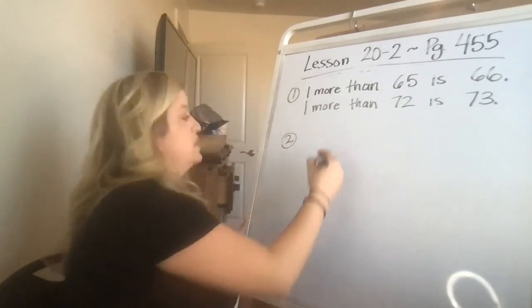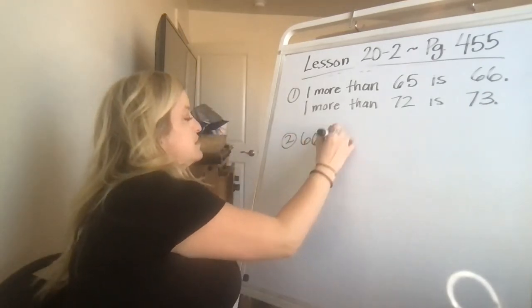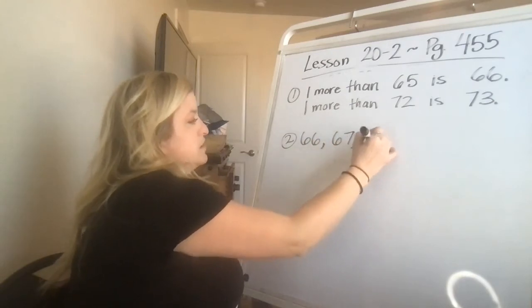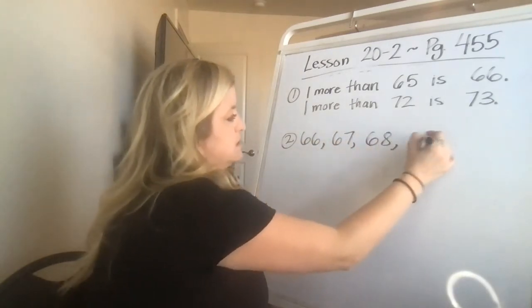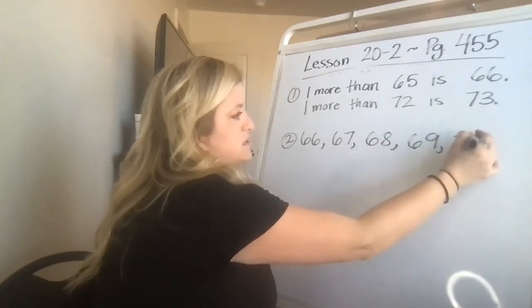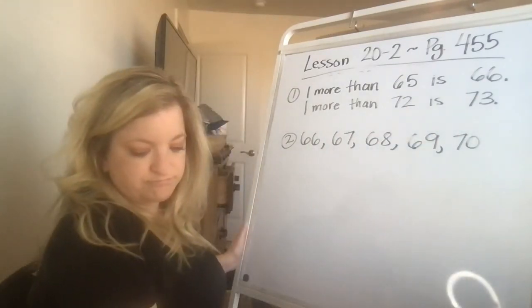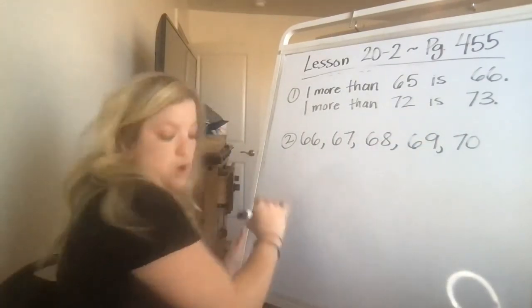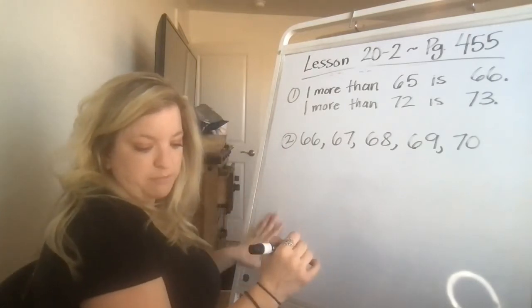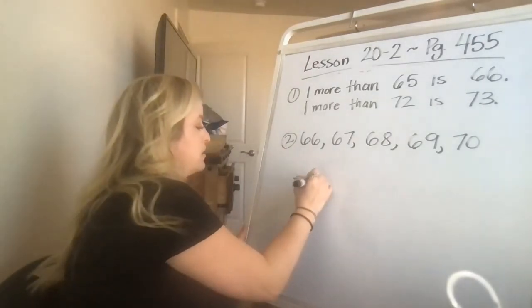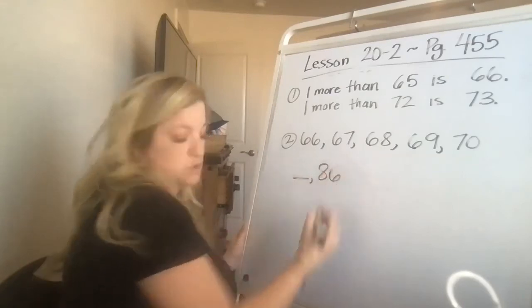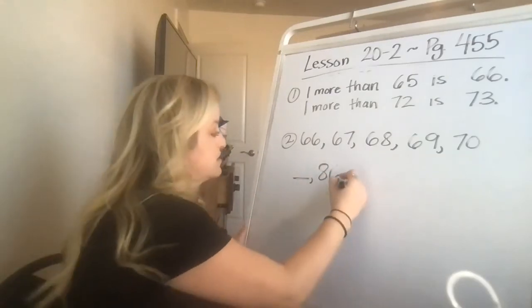Use the chart. 66, 67, 68, 69, 70. Down below it says count by ones, blank, 86. Ooh, so I need to know what comes before 86.